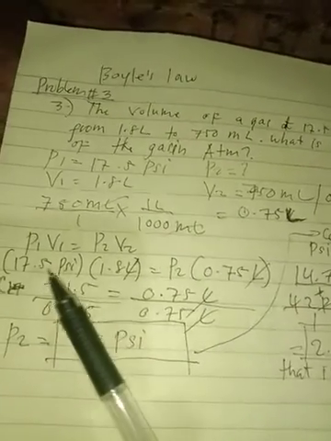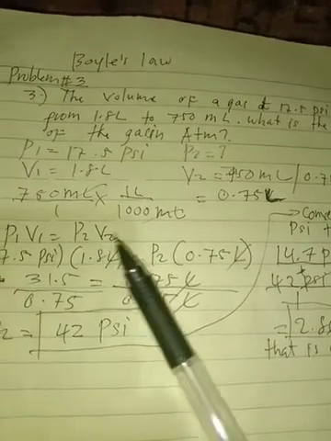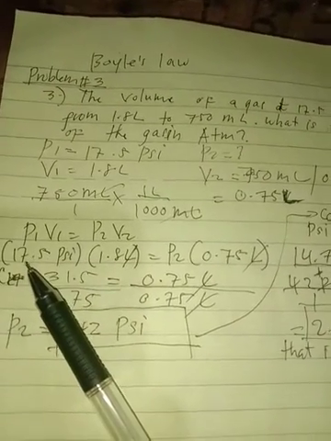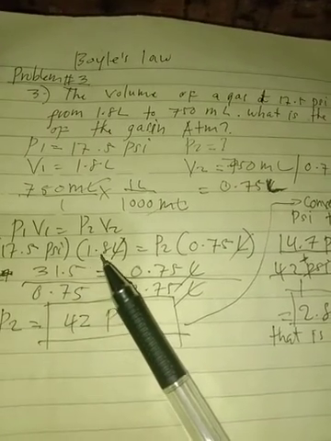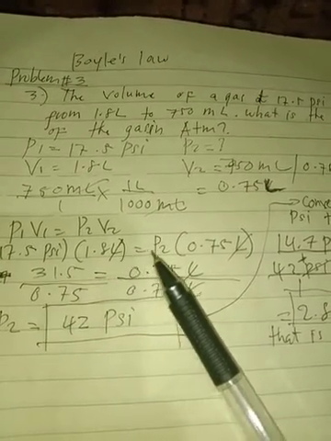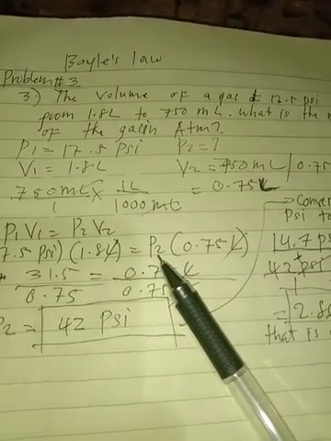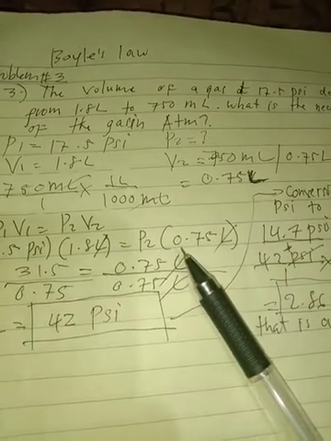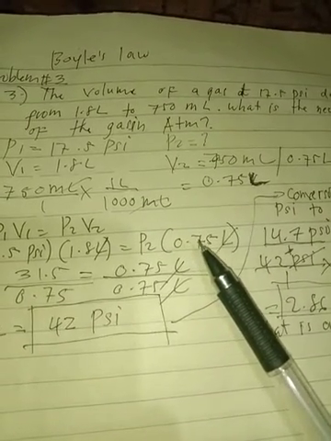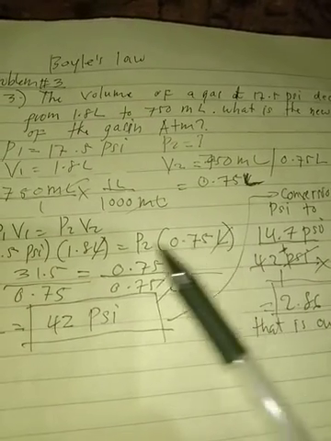Now we are going to use this equation, P1 V1 equals P2 V2. Our P1 is 17.5 psi, our V1 is 1.8 liter, equals, since our P2 is unknown, we proceed to V2, which is 0.75 liter. We cancel the unit liter and liter.